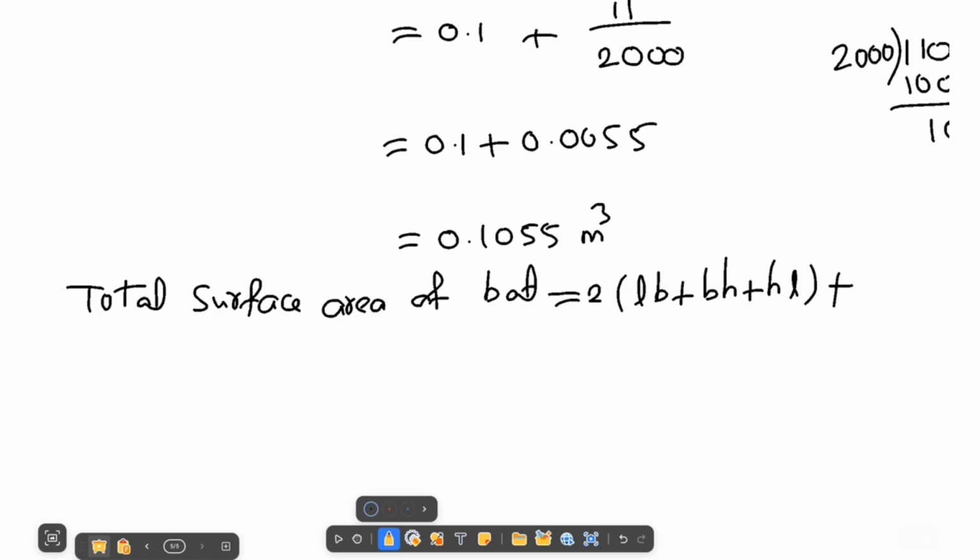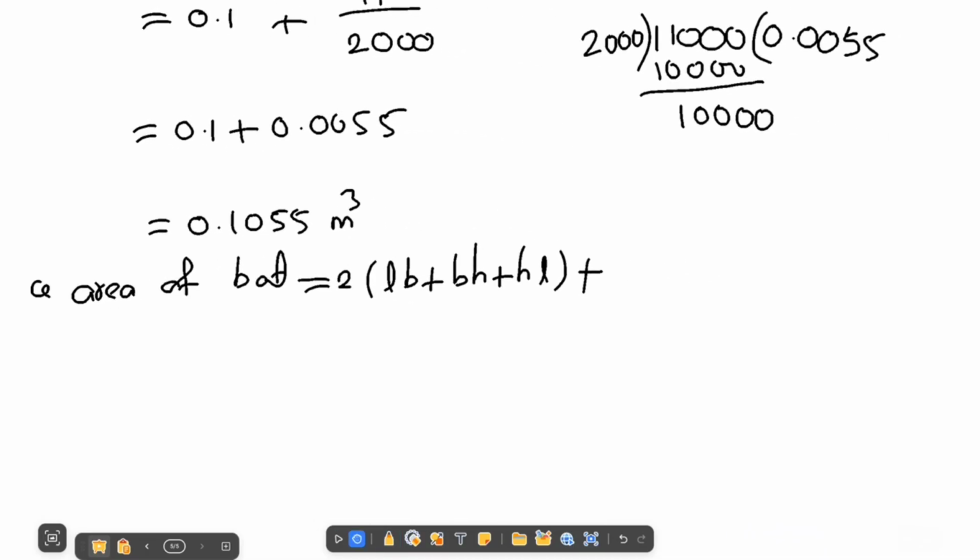And one side of the handle is attached to the cuboid, so only one side of the cylinder will be exposed. So curved surface area of cylinder is 2 pi r h, h1 here, and top is like a circle, right? So it is pi r square.